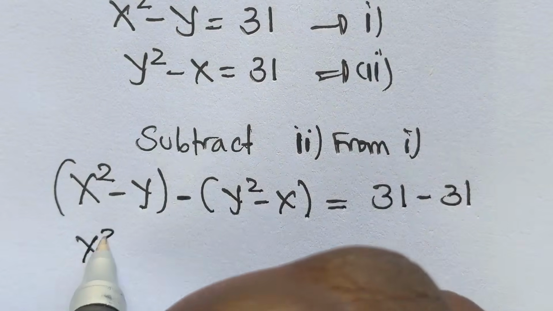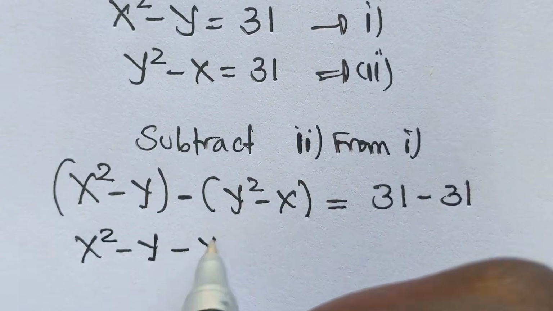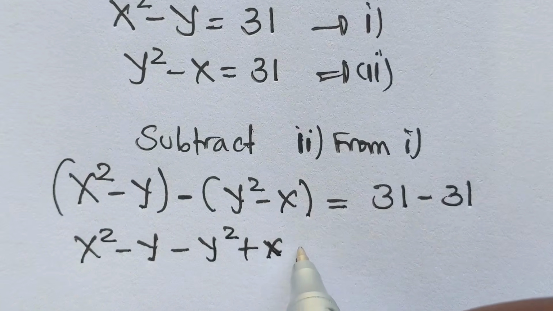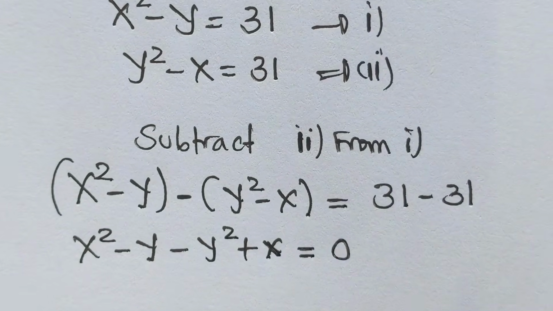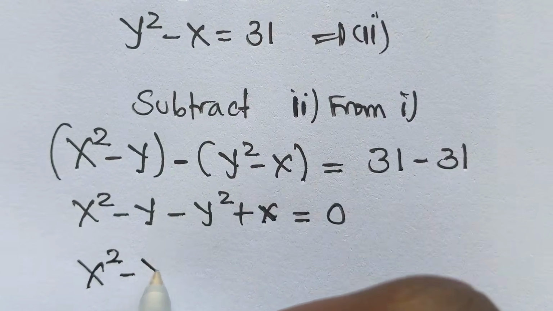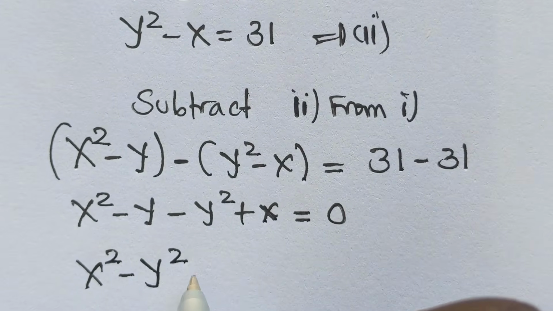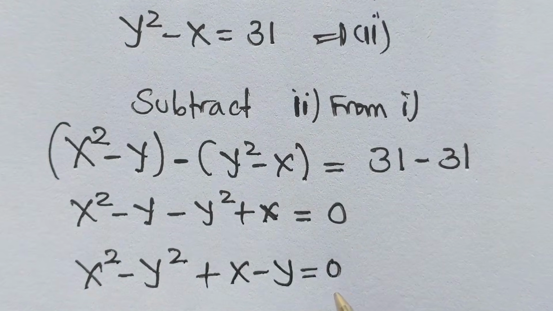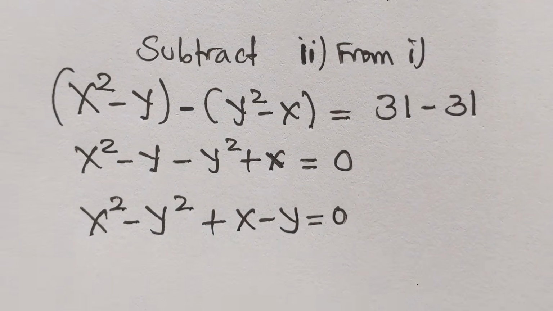Of course, we have x squared minus y squared plus x minus y, which is equal to 0. Here we write x squared minus y squared, then plus x minus y, equal to 0.